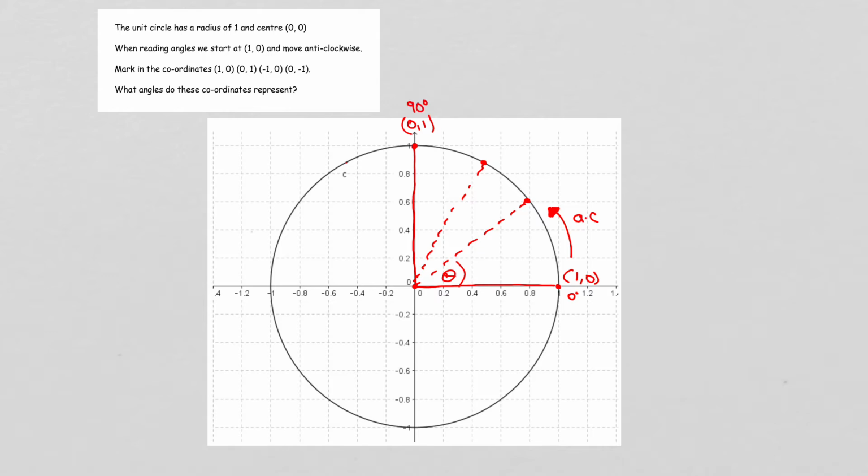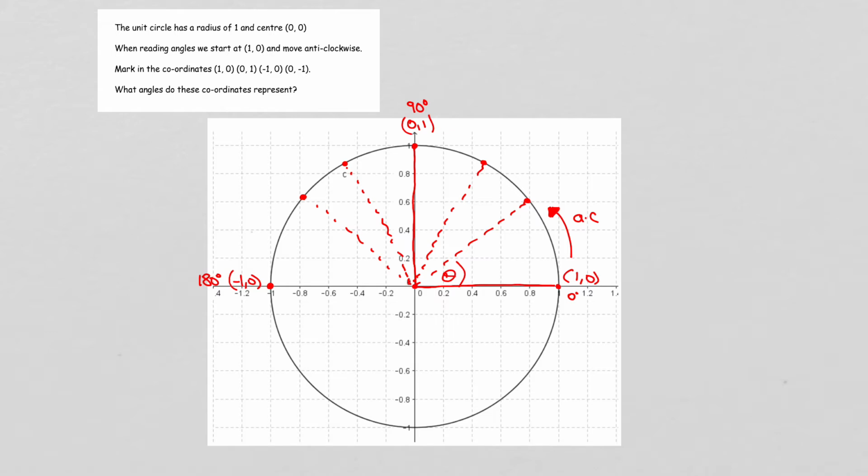As I continue to move along the circumference, going beyond 90 degrees, I move back onto the x-axis and reach the point out to -1 and up to 0. I have now moved an angle of 180 degrees along the circumference back to the x-axis.